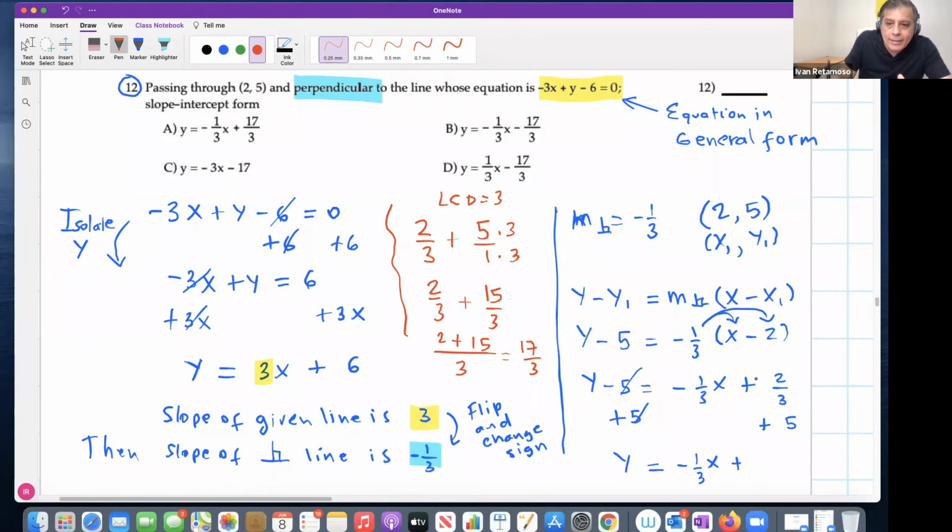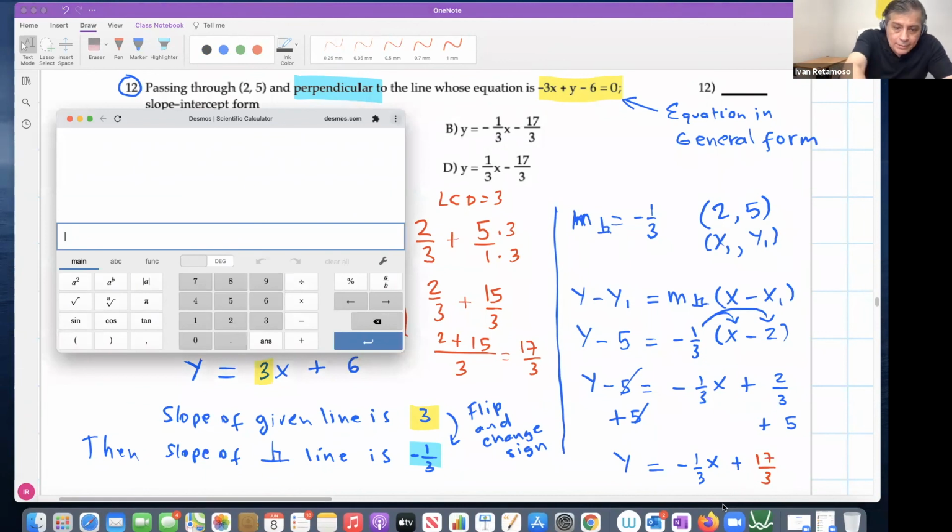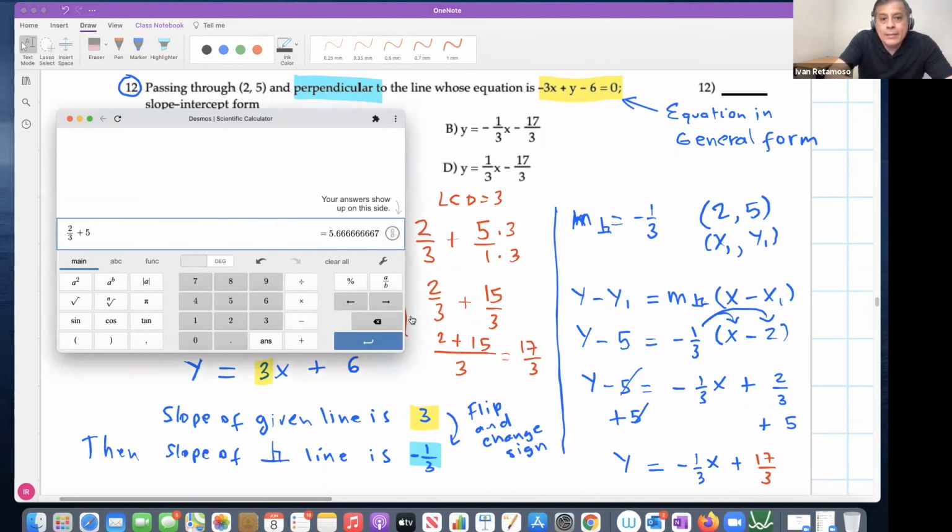But now let's say it's too crazy to do this in your mind. You need help with your calculator. You can also do this with your calculator. Check this out. 2/3 plus 5. I'm talking about this computation, right? Initially, our decimal scientific calculator will show us the decimal version of the result, which is this crazy, never-ending decimal part.